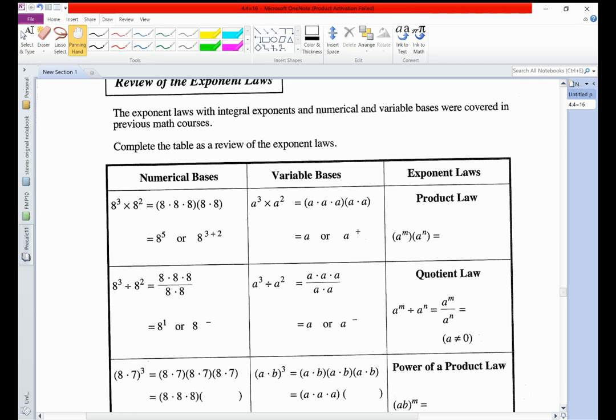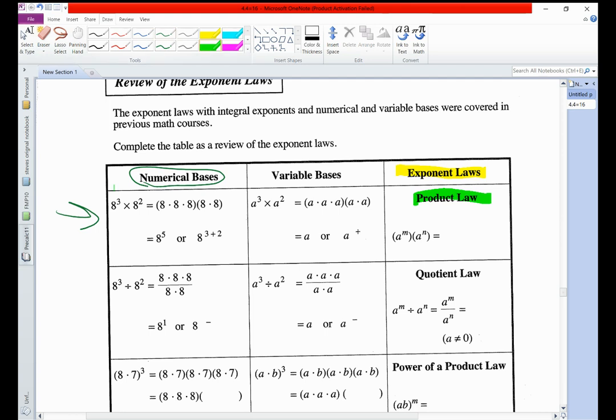So the exponent laws, I think you learned this definitely in grade 10, quite possibly in grade 9. I can't really remember, but the first one is the product law. What I like to do is jump over to this side here and look at the numerical example. I think it makes the most sense.